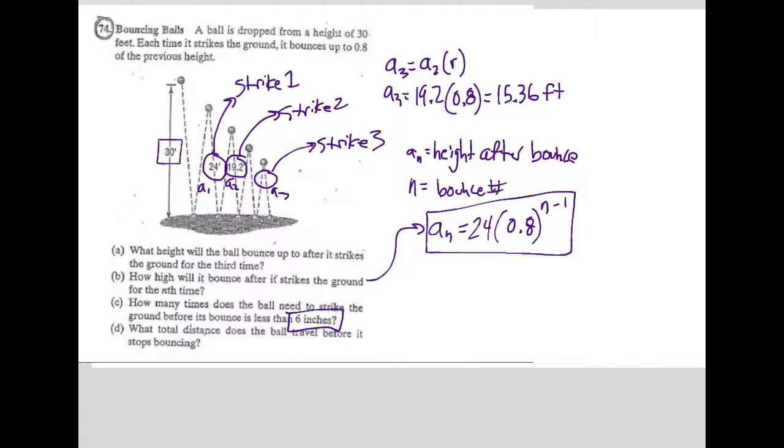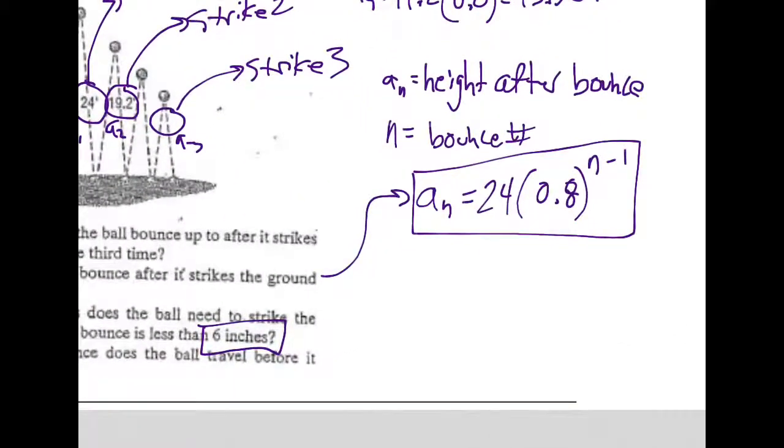So what do we want? We want to know how many times the ball needs to strike before its bounce is less than 6 inches. Well, imagine if we wanted to let that bounce equal exactly 6 inches. And then we could use our explicit formula from the previous part of this question and solve for n. That's how I'm going to approach this problem.